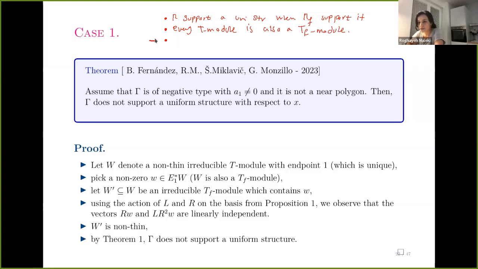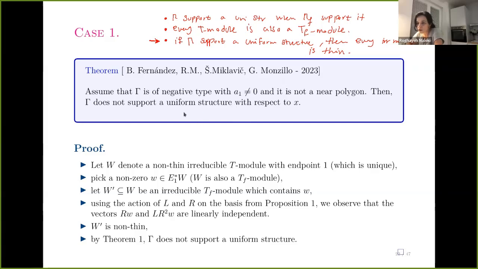And there was a very important result by Paul Terwilliger that says, if you assume that your graph supports a uniform structure, then every irreducible module is thin. So we have these 3 important results from before.